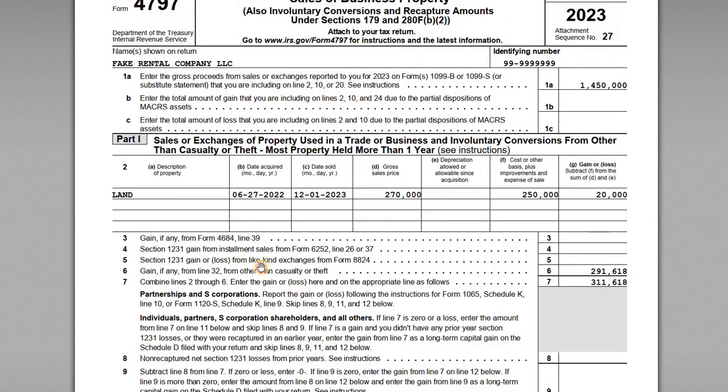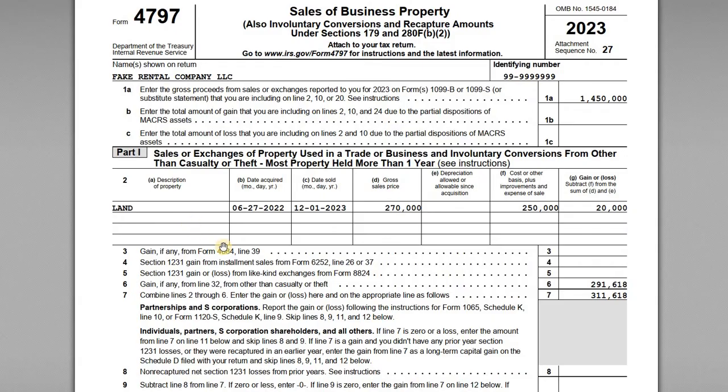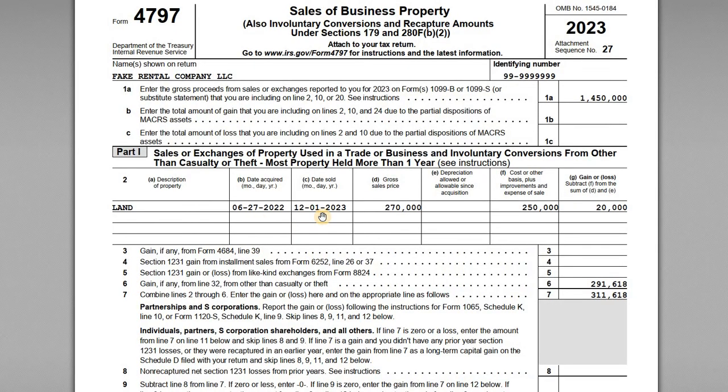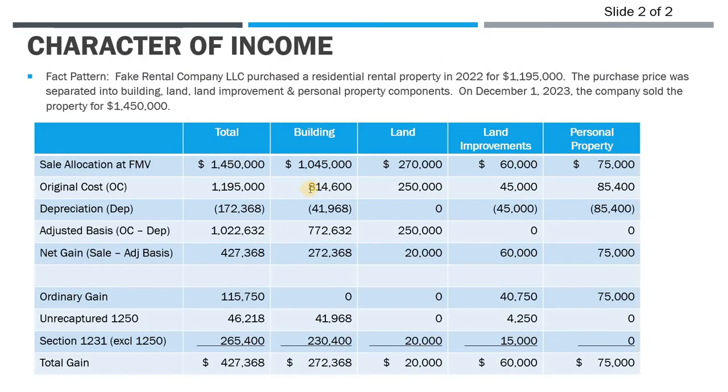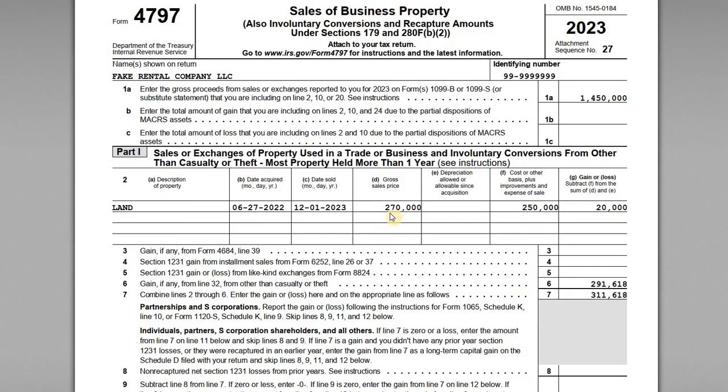So in part one, the first element we report here is the land, the date acquired, and the date we sold it. That was our original cost basis, right? The $250,000 that we allocated to the land. And then based on our worksheet of how we're allocating the sale price, we allocated $270,000 to the land.